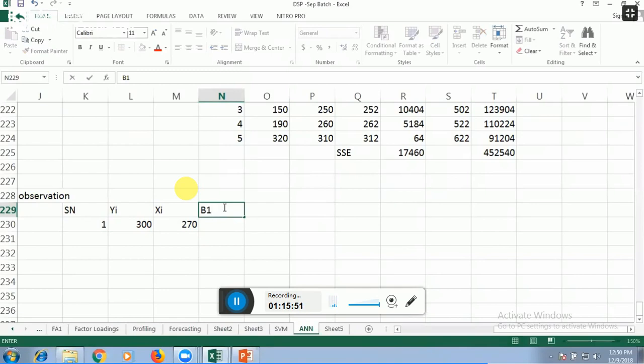I started by assuming beta 1 equal to 2 and a constant equal to 2, and the cost gives something like 2 into 270, that is 540, plus 2. So your predicted value is 542, and the sum of squares of error is 300 minus 542, whole square, that is the error.